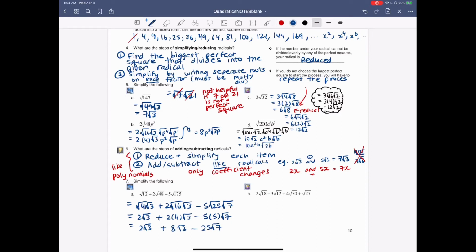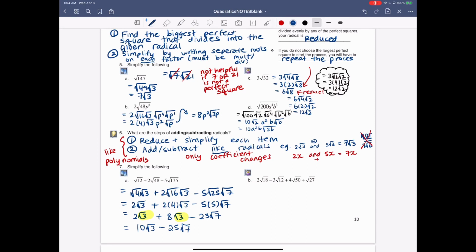So when you look at that, it's like you're collecting like terms, right? Which ones have the same radical portion? If you notice, these are the same, so I can combine them, but I can't combine the third term. And so I have to add the coefficients, so 2 plus 8 is 10, square root 3 minus 25, square root 7.